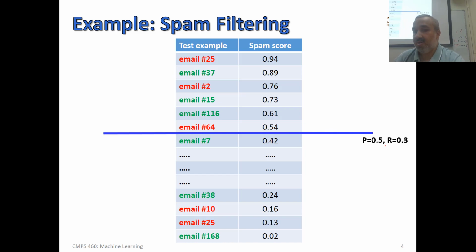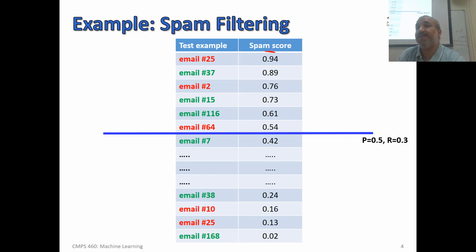How? We assume that with that threshold as the boundary between the positive and negative, everything above that threshold will be predicted as spam, positive, because that's the spam score. So everything above that will be predicted as positive, and if we sort them, everything below that will be negative.